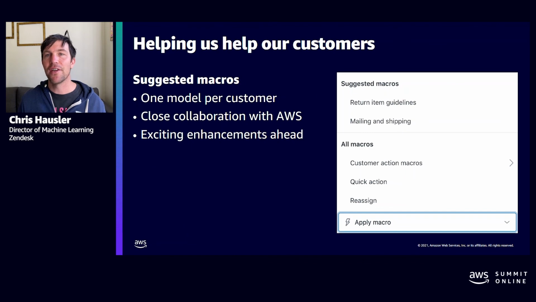Not only has this really solved a problem for us and helped us to build better features for our customers, but we're also quite excited about some of the enhancements that are coming up in the multi-model endpoints in the future as well, around improving model management and helping us to take that even to the next step. So thanks very much for listening.